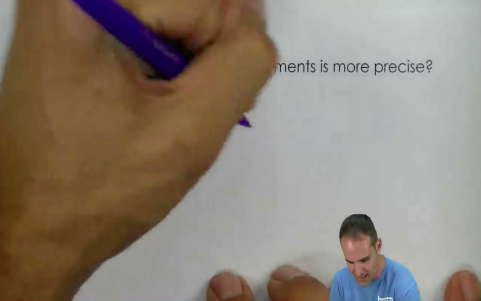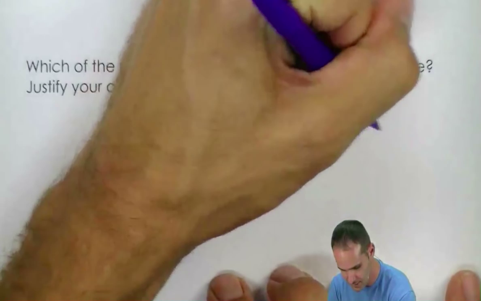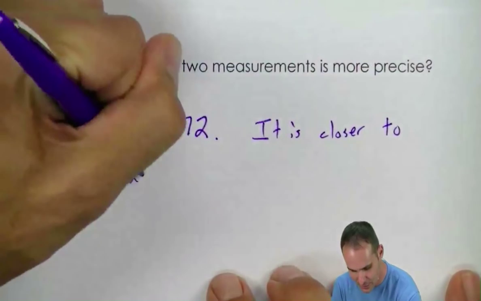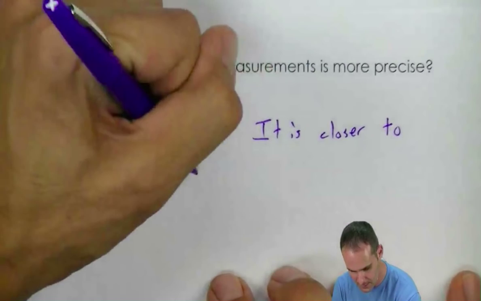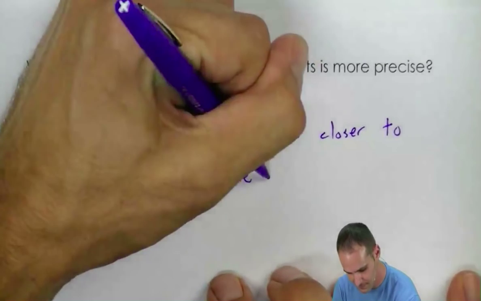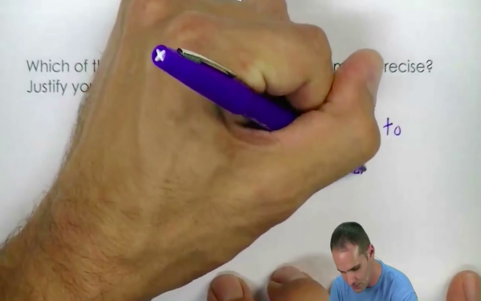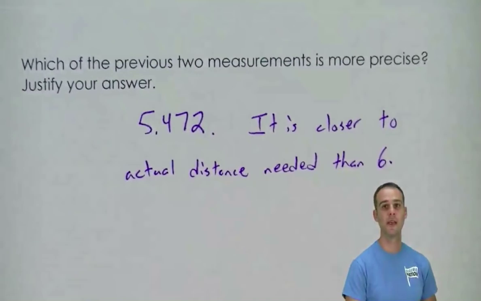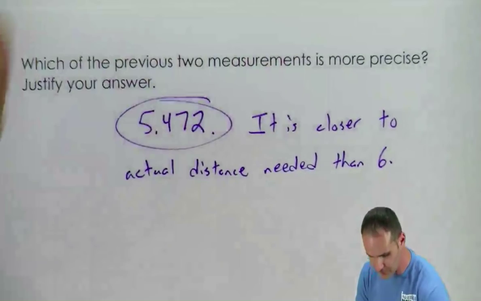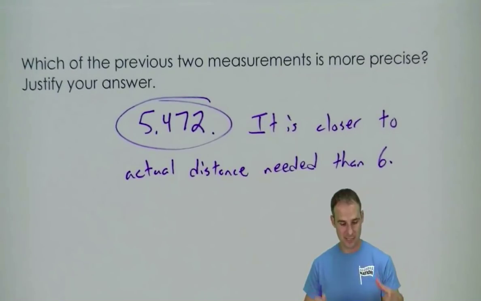And the reason why is because it is closer to the actual distance needed. Okay? Then, of course, 6. So again, the answer is 5.472 is going to be more precise. It is closer to the actual distance needed than 6.